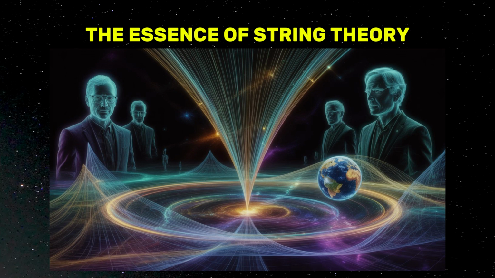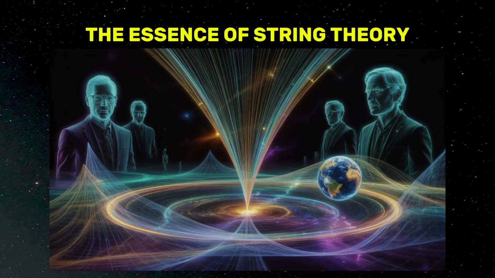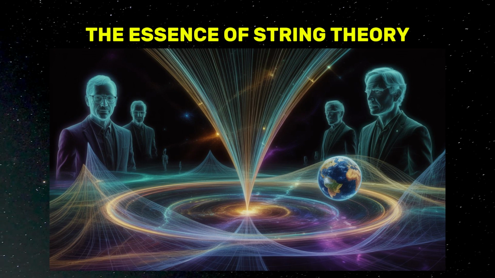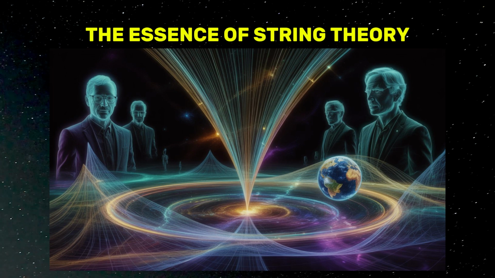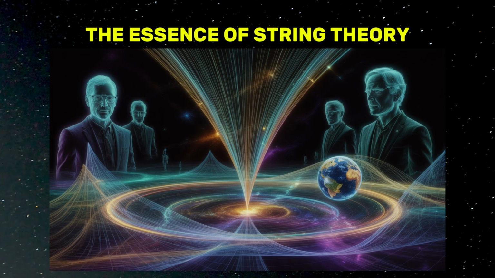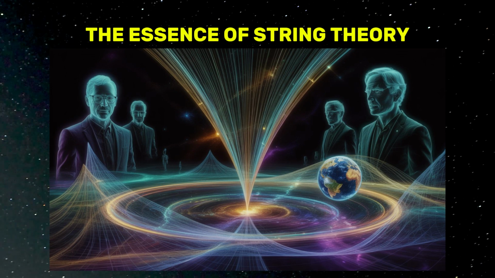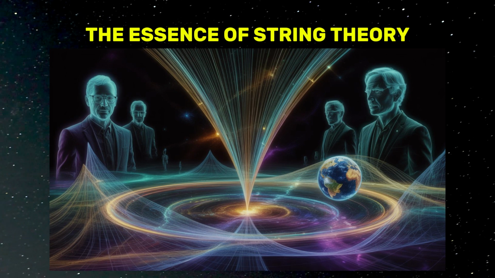These vibrations gave rise to different particles, much like how a guitar string can produce various notes depending on how it is plucked or tuned. As physicists delved deeper into the implications of string theory, they discovered it offered a unique and extraordinary perspective, with the potential to unify all fundamental forces into a single framework.